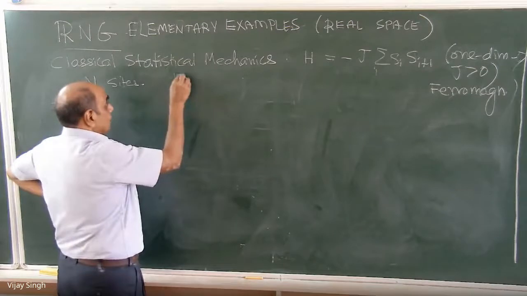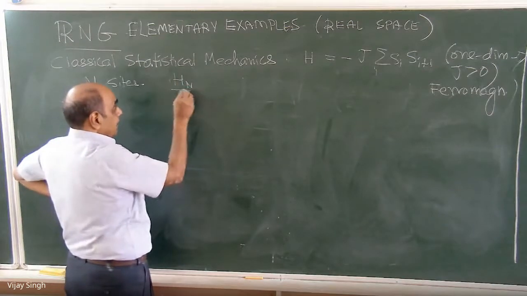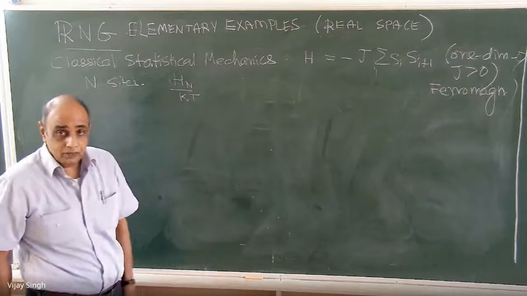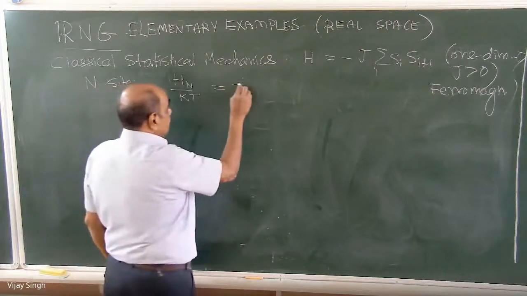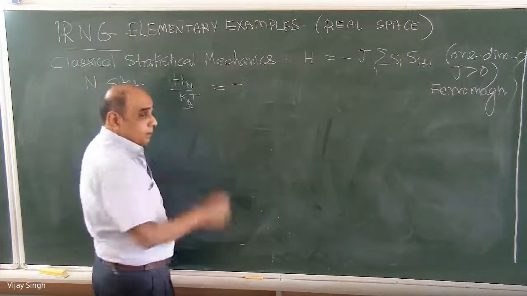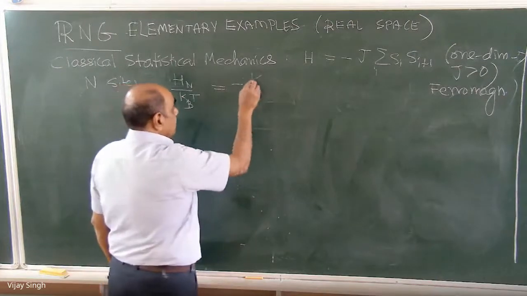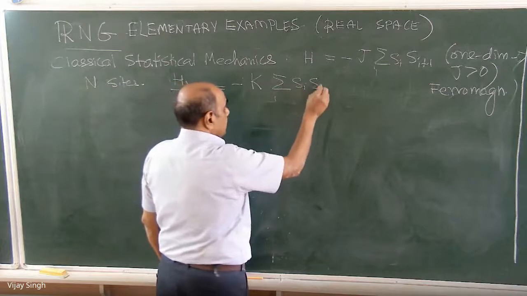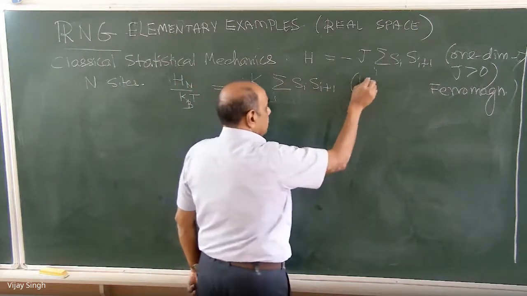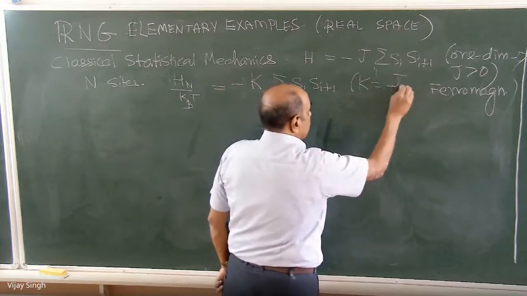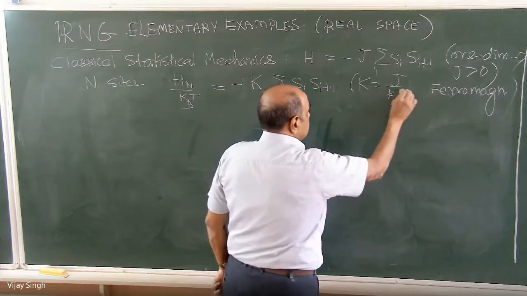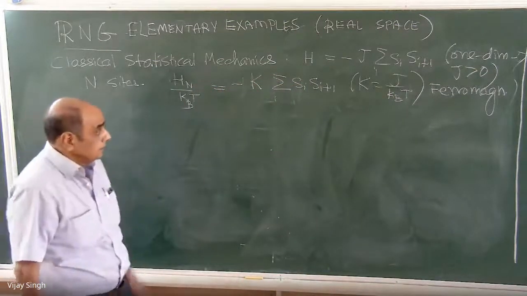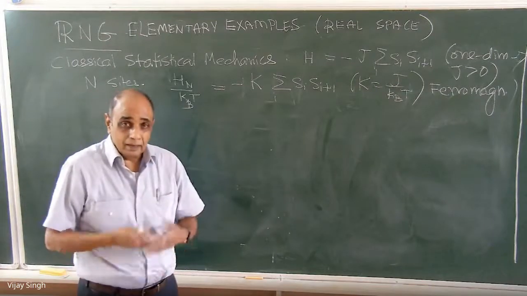So I will write H_N divided by k_B T. This is my Hamiltonian now, and I will write it as minus K sum over i, S_i S_(i+1). Here k_B is, of course, the Boltzmann constant. What is this K? K is equal to J by k_B T, just to make things simple and not keep carrying this k_B T throughout.